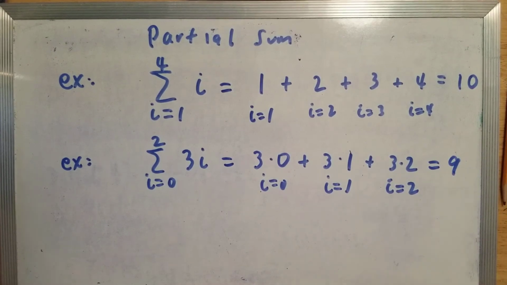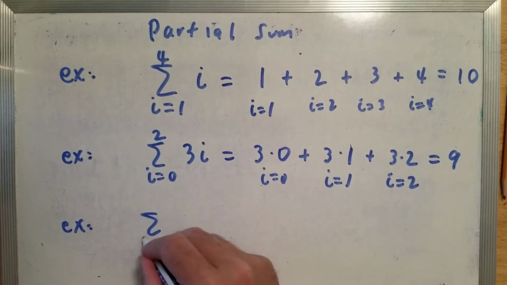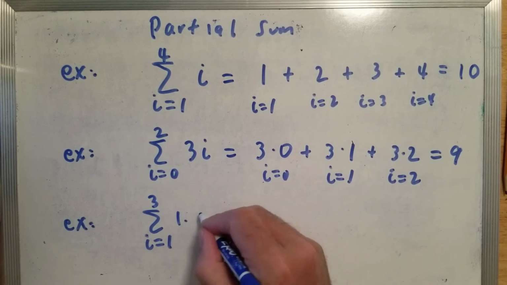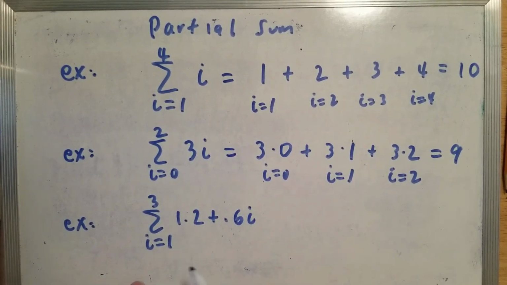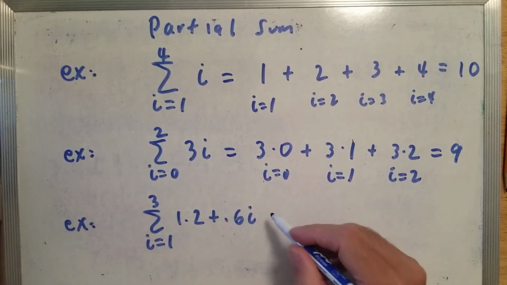And they might make it a little bit more complicated, something like this, say i equals 1 to 3 of 1.2 plus 0.6i. So I'm going to start the sum when i equals 1 and go up to when i equals 3.